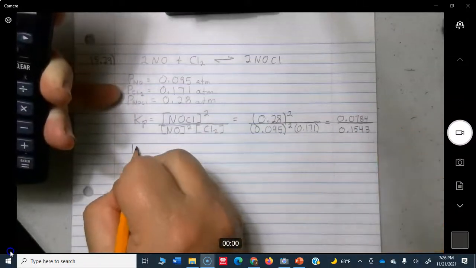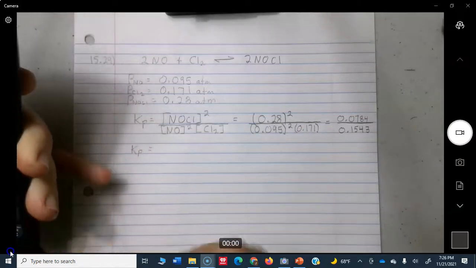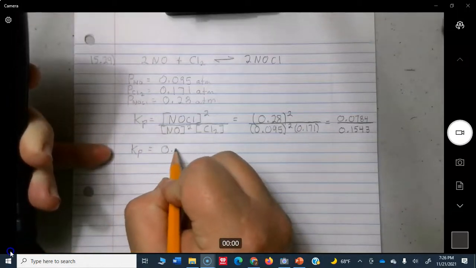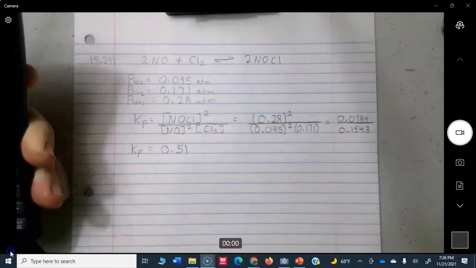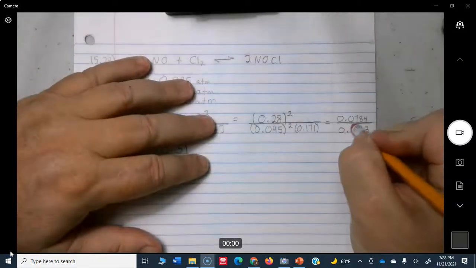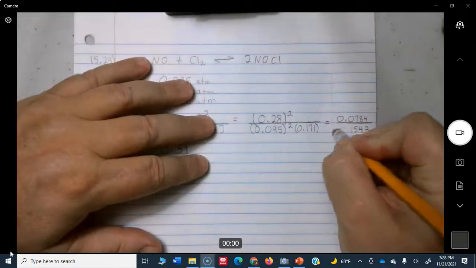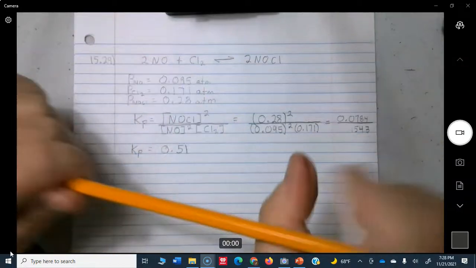So our Kp value will be simply that division there, and it gives us this. Pretty much 0.5. We call it 0.51. Okay, and I made an error on my calculator, which is why I like to do it this way and write down numbers, because if that happens, I can go back and check and see what I had compared to what I put in. If I try to do it all in one step and I don't write it down, then I'm kind of lost.